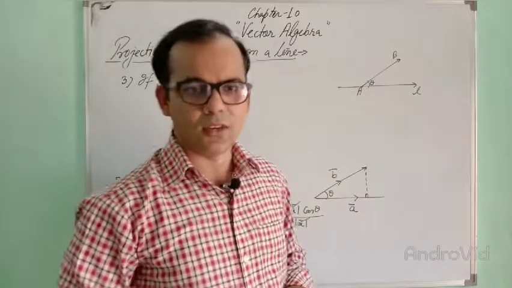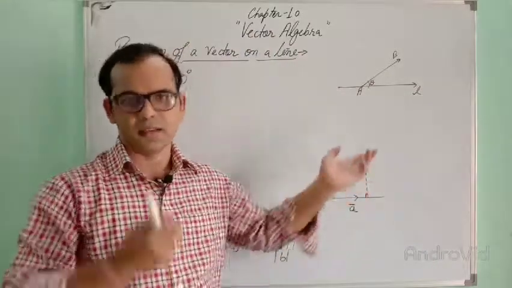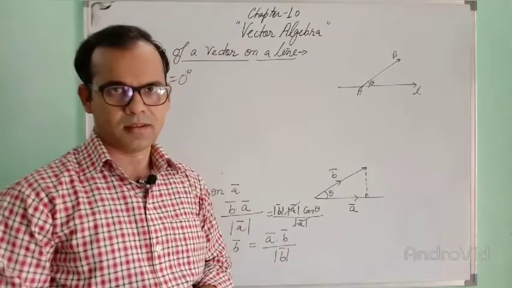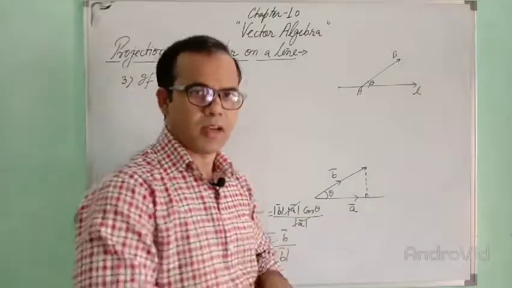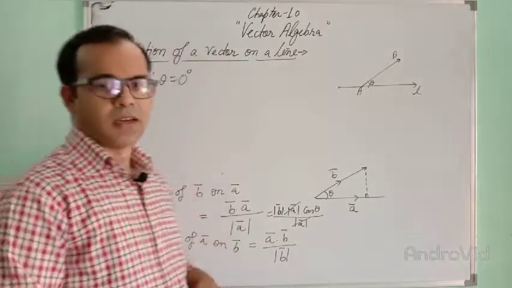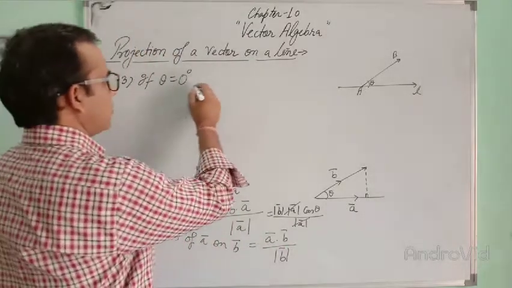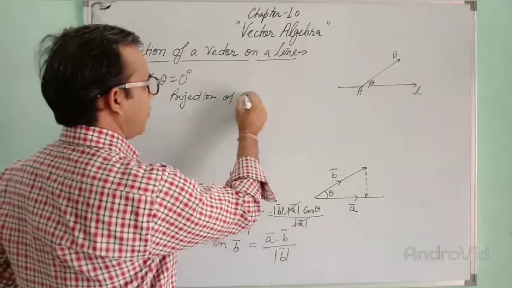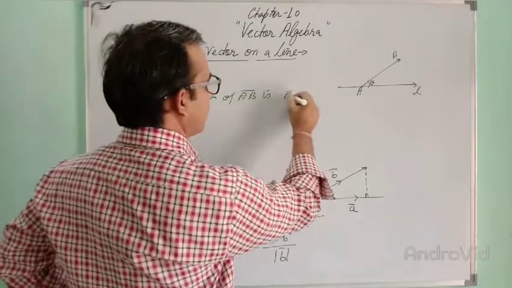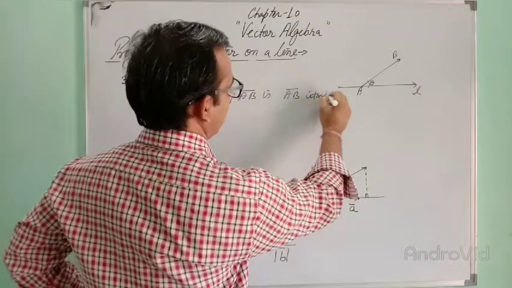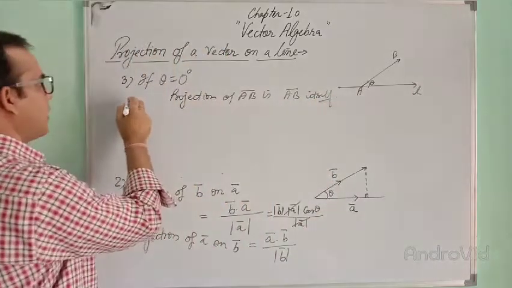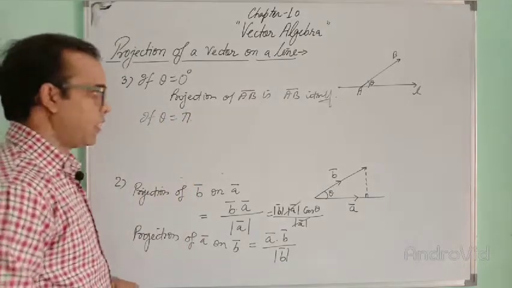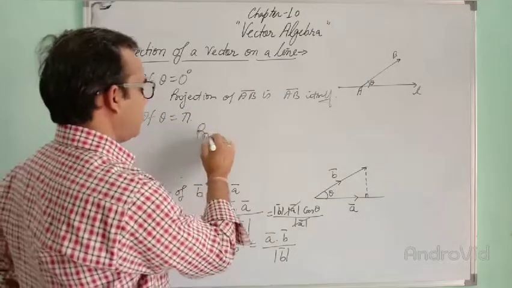So when theta is 0 degree, AB will coincide on L. So the projection of AB on L is AB itself. Theta equal to 0, then the projection of AB vector is AB vector itself.